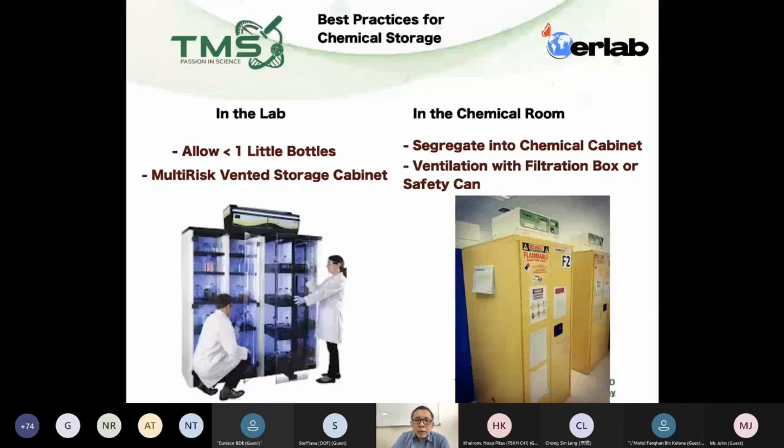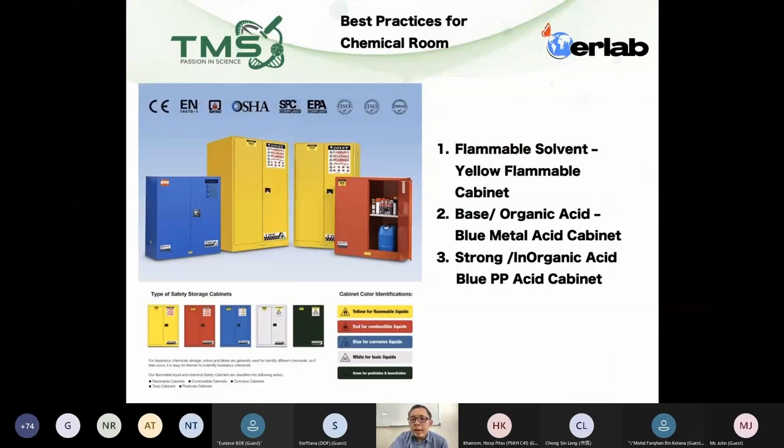In the chemical room, the best way is to segregate your chemicals according to the type of chemicals using cabinets, each type in an individual cabinet. I believe you are familiar with these cabinets. There's a color coding for each one.